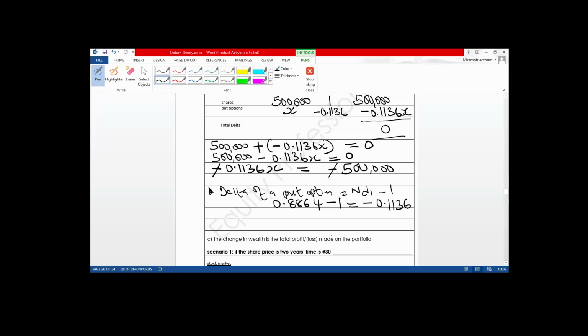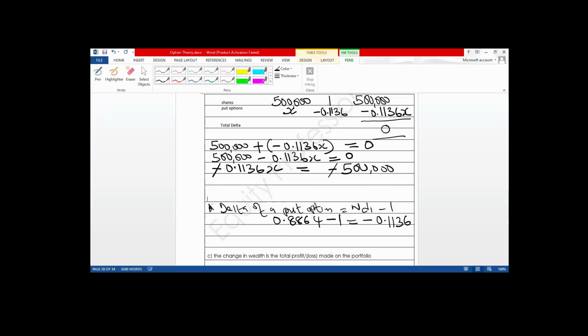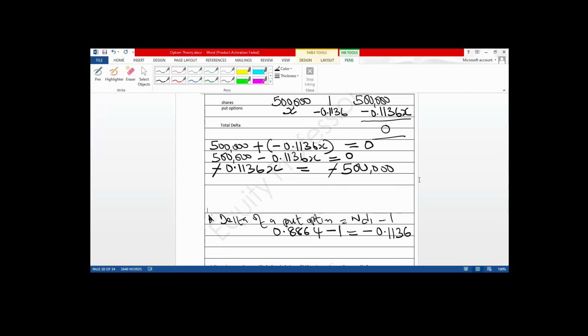What is X? X is equal to 500,000 divided by 0.1136.